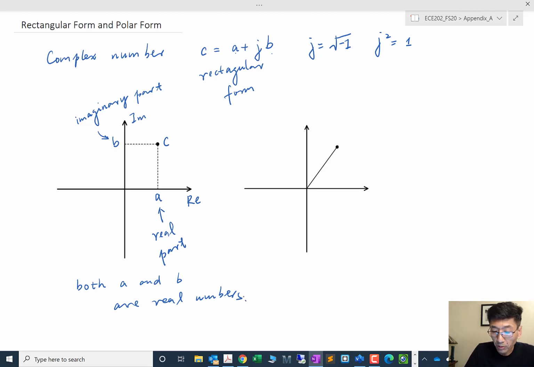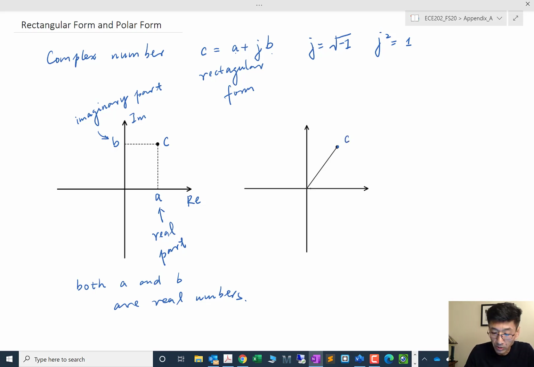Alternatively, I could do this. In this case, I don't have the real part and imaginary part. Instead, I see how far this c point is away from the origin.